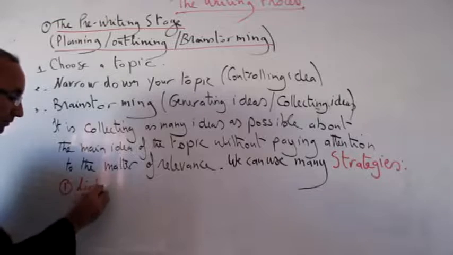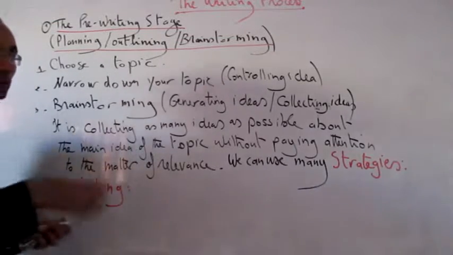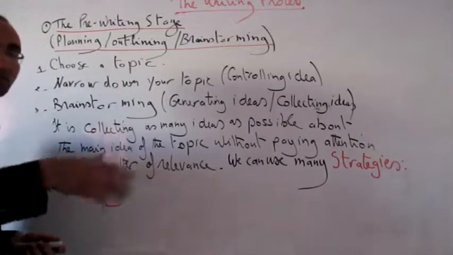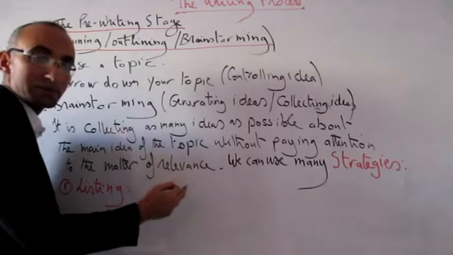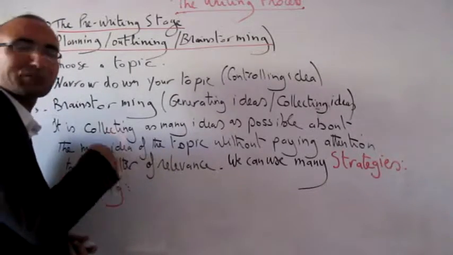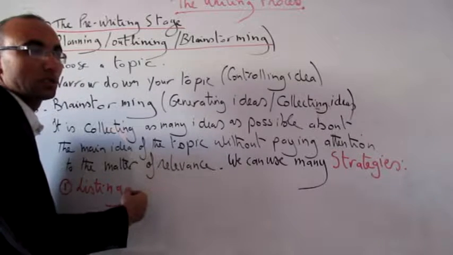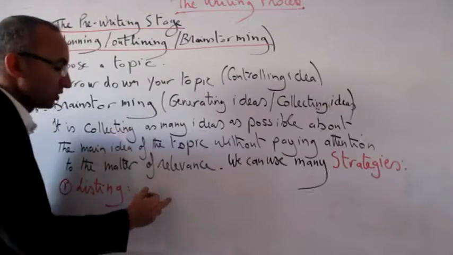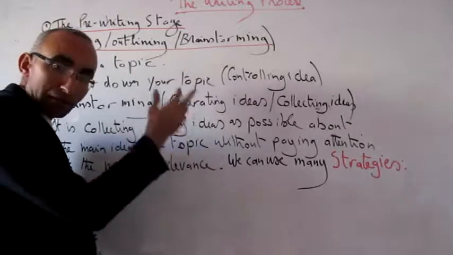So the first strategy we can use when collecting our ideas is listing. Listing. For example, I write down the causes of drug addiction: poverty, financial problems, joblessness, all what comes to my mind. Bad friends, school, sentimental problems, why not?